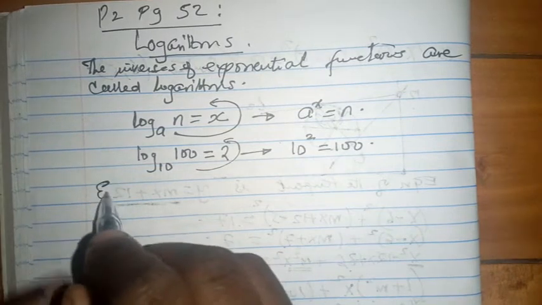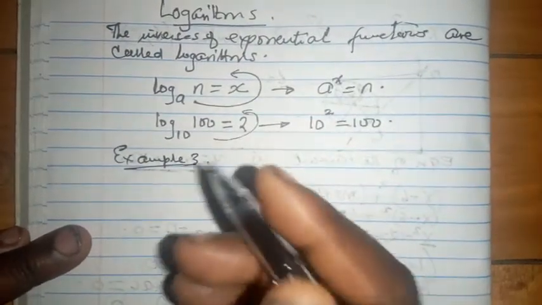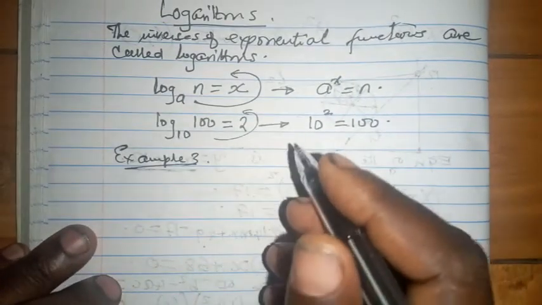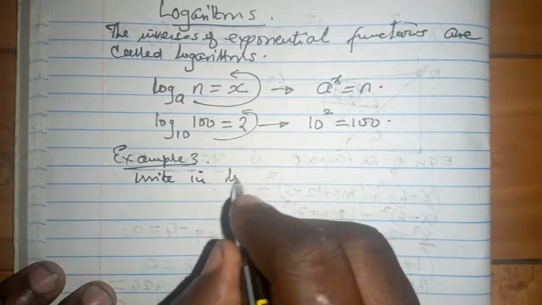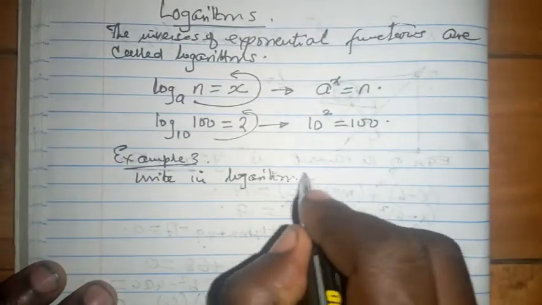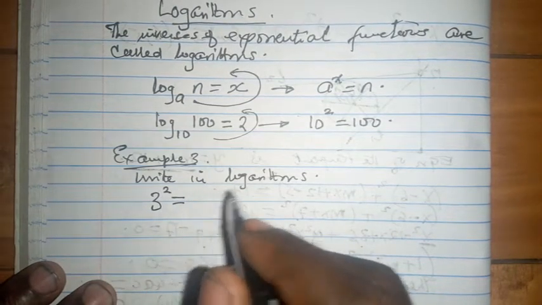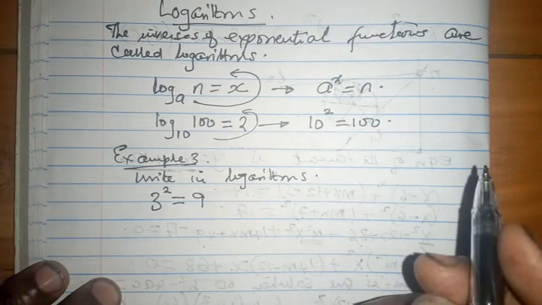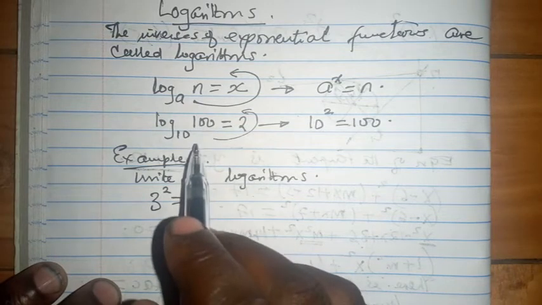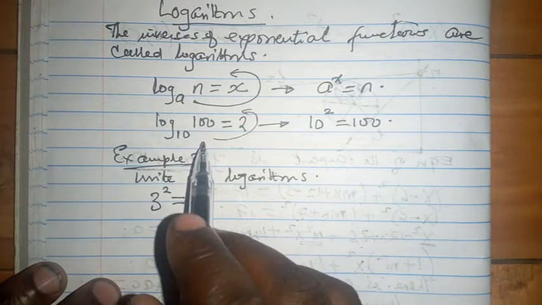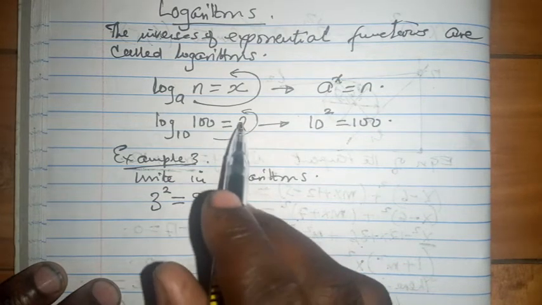If you look at example 3, we are saying write each statement in logarithms. The first statement is 3 raised to power 2, which is 9. Again, I should have said that when you have a logarithm notation, desiring to write it in the index notation, you apply the anti-clockwise movement.